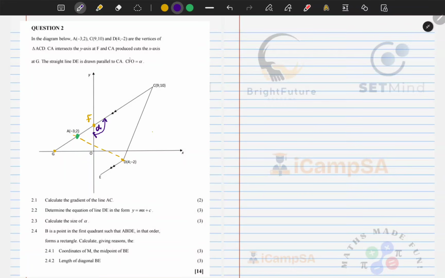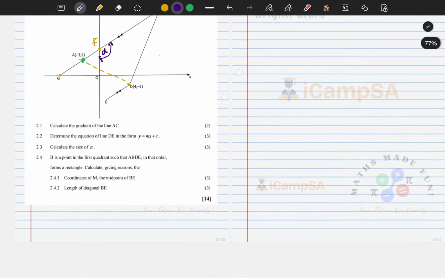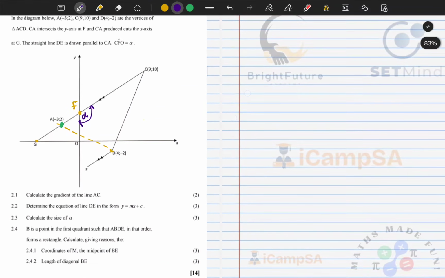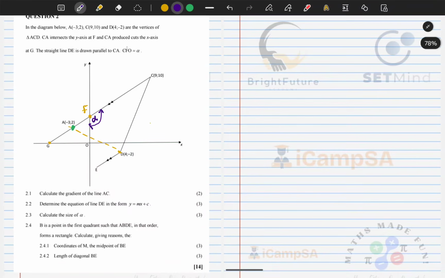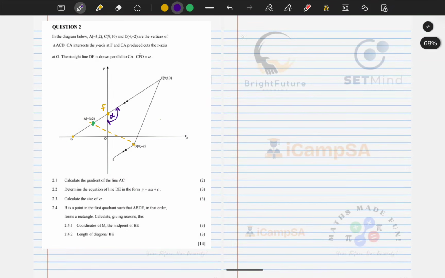So now we can go ahead and solve our problem, right? So the first problem being 2.1, they are looking for calculate the gradient of line AC. So this would be your gradient, right?